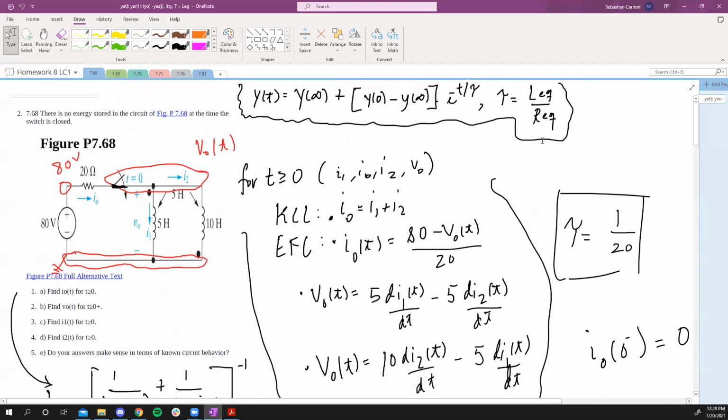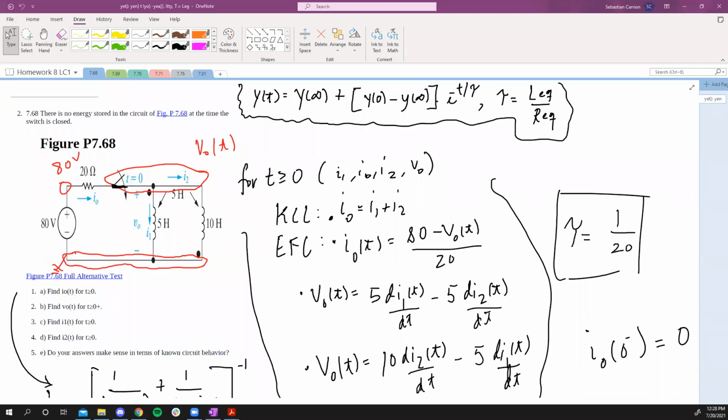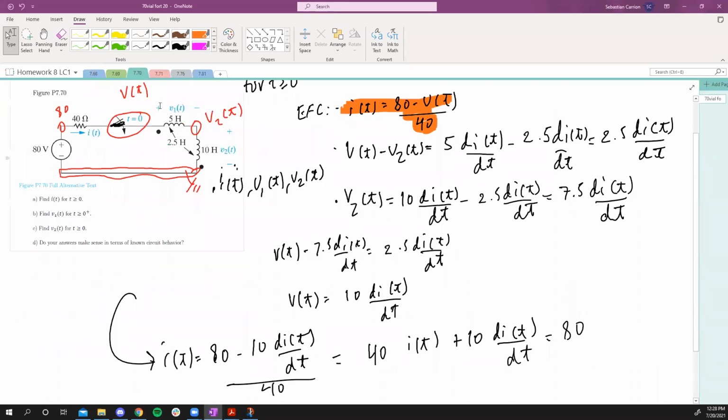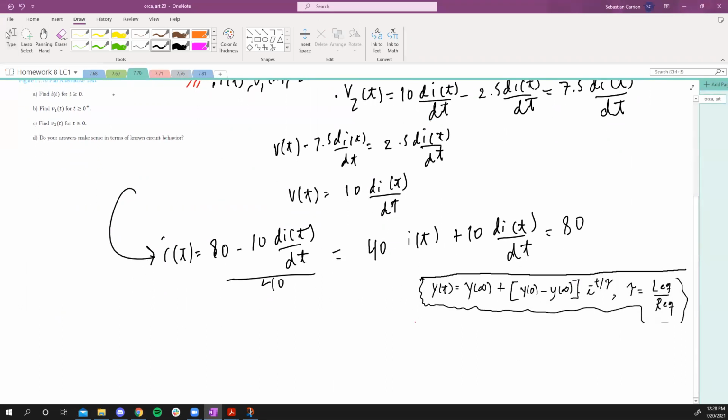Let's look this up really quick. You know that. And we also want to write down this equation right here.